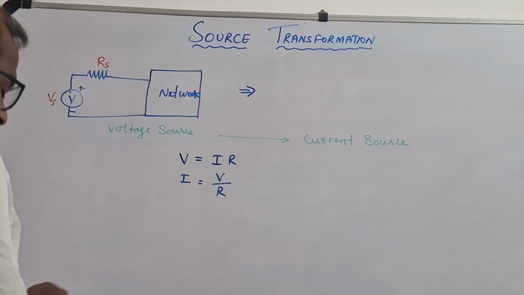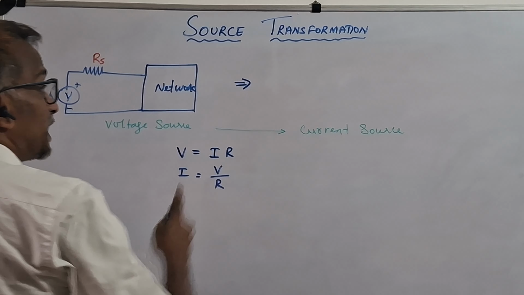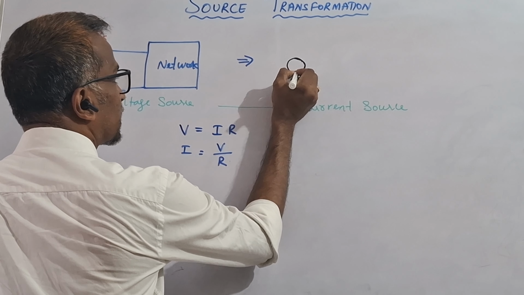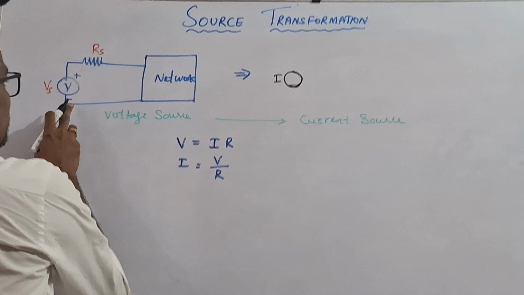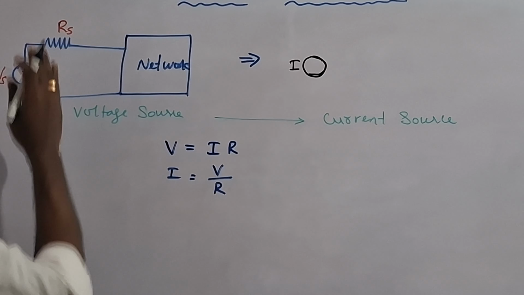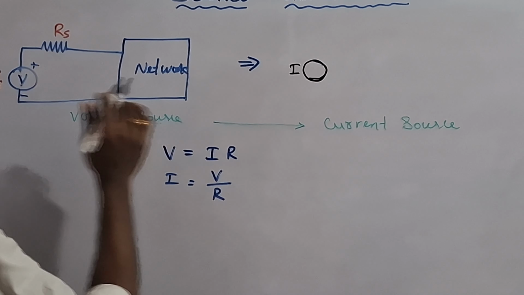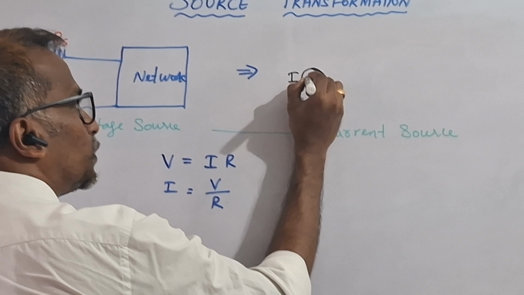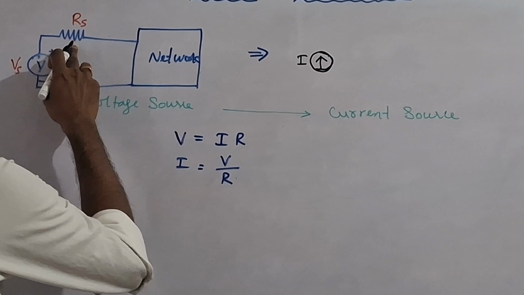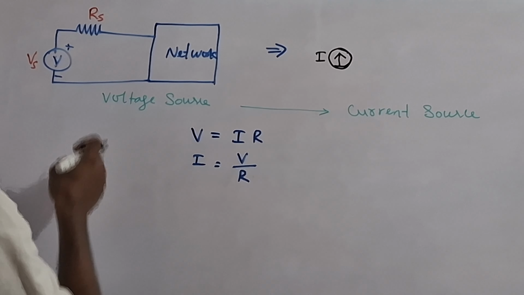Here I am converting that into the current source. Here we have written minus plus, which means voltage rise; assume this is the direction, so the current direction is also like this, minus to positive. Then this resistance has to be connected in parallel.